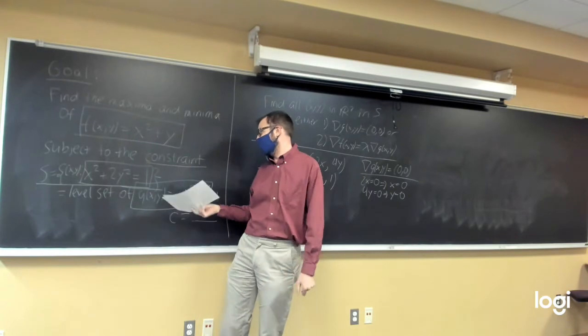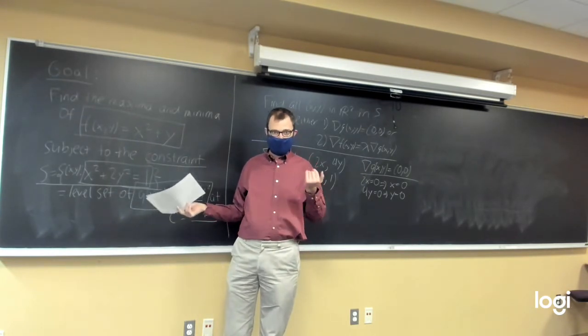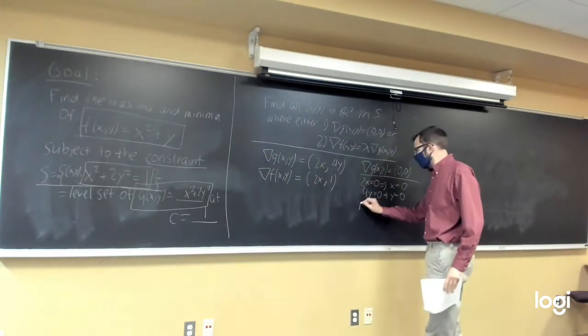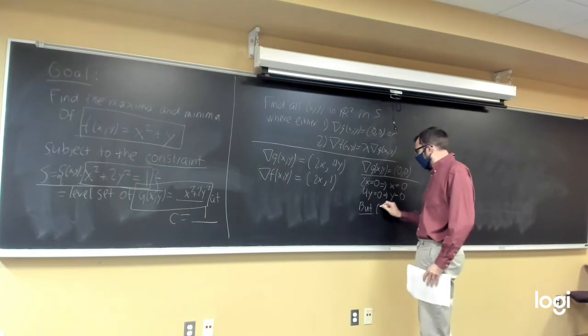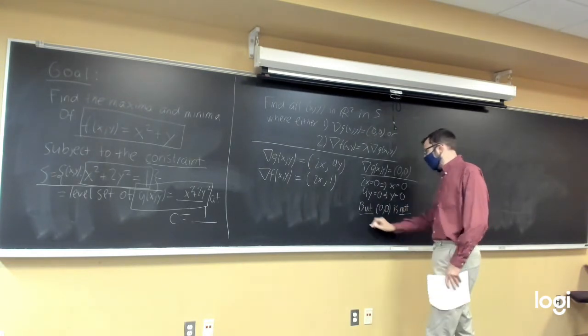It's not on the level curve of g at c equals 1. It's going to be on the level curve at c equals 0. So we can say, but 0, 0 is not in S.